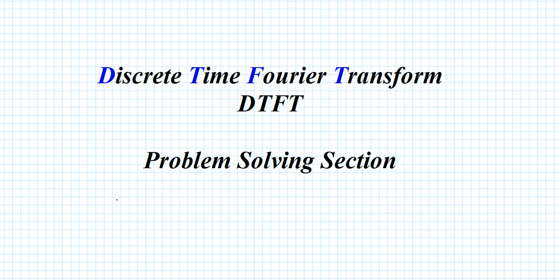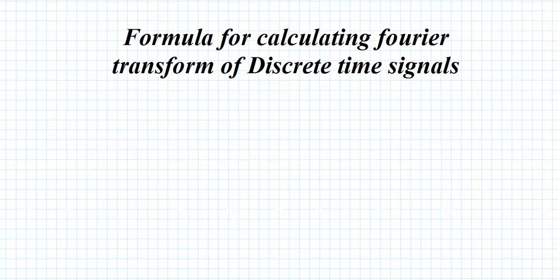In this section, we will discuss the discrete time Fourier transform, that is DTFT, and how to solve DTFT problems, or how we can calculate the DTFT of a signal. Before going to the problems, first we will discuss the formula for calculating the Fourier transform of a discrete time signal.